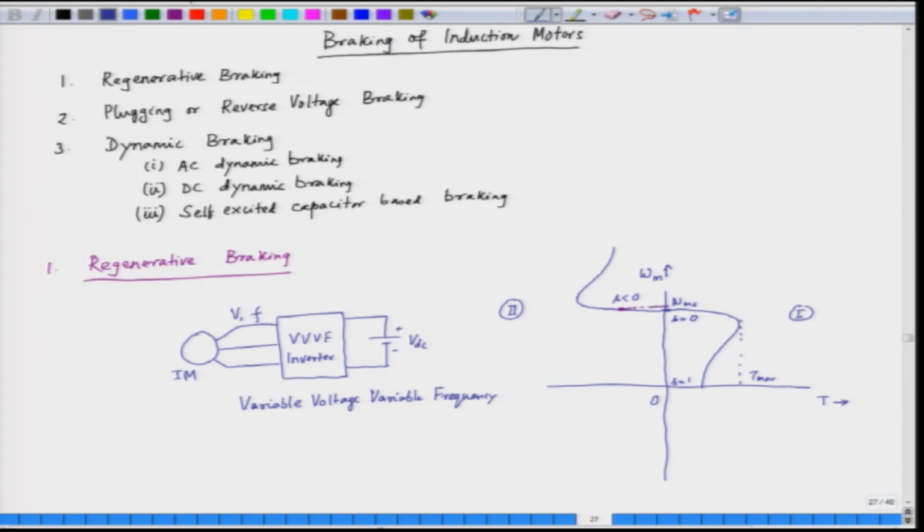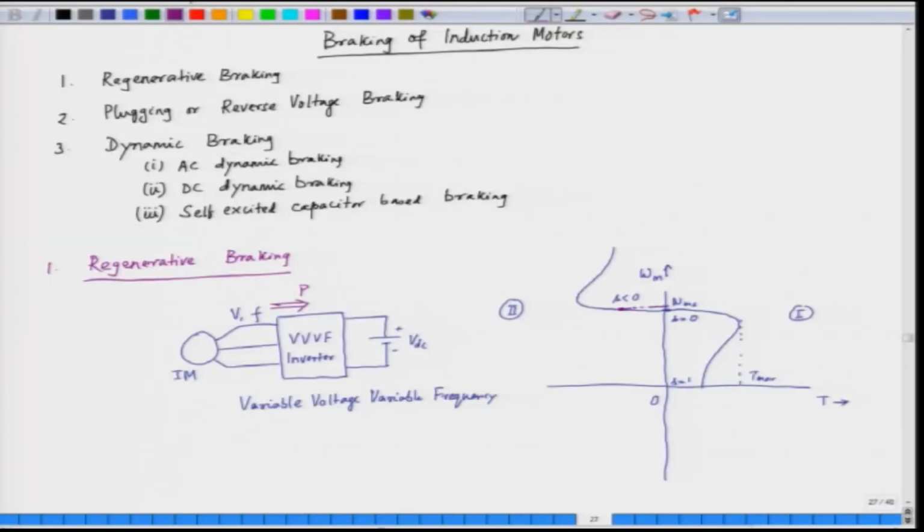The motor is now behaving as a generator, so the power flows back to the supply. The supply is a DC supply, so the battery or the DC supply is charged. This is called regenerative braking, which requires a variable voltage and variable frequency source, or a VVVF inverter.